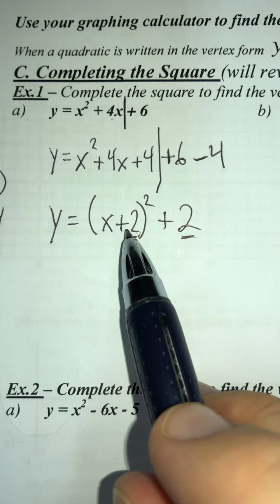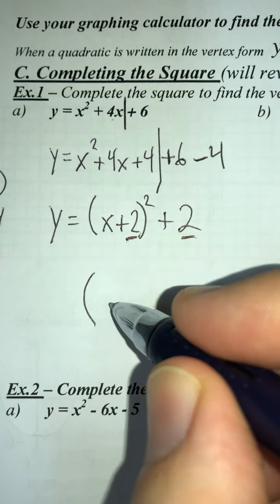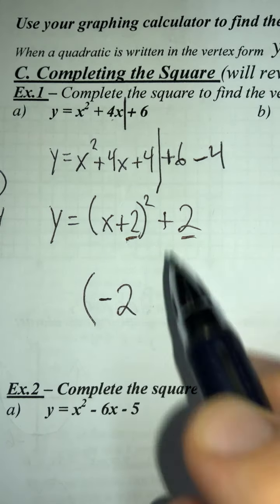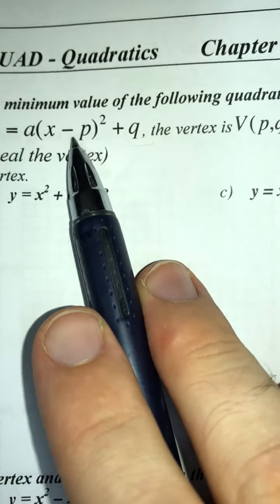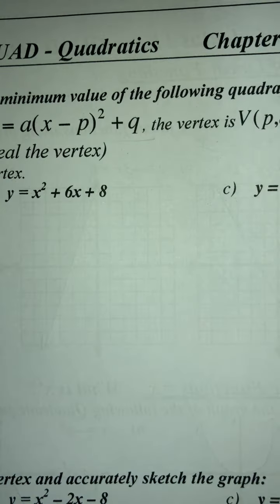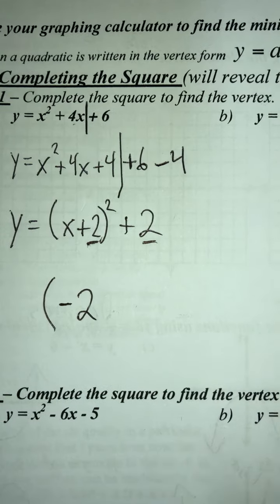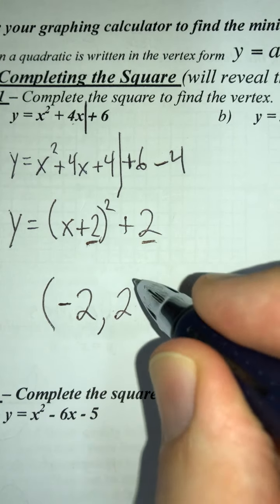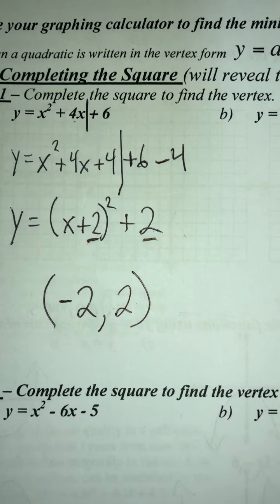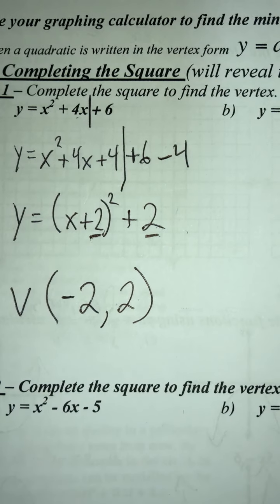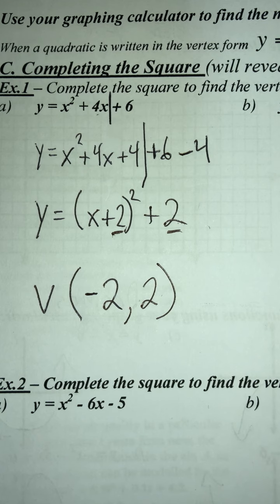The one inside the brackets tells me that my point is at -2, because it's the opposite of this one. As it shows here, it's x minus p, so I need the opposite of that one. And the other term is just simply positive 2. So this is my vertex point. That's why this form is pretty handy.